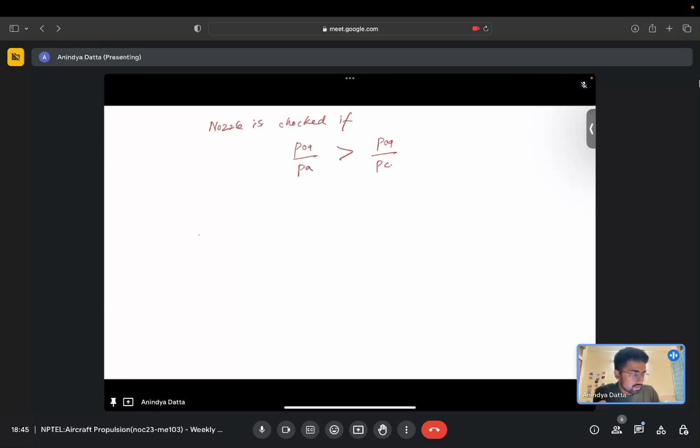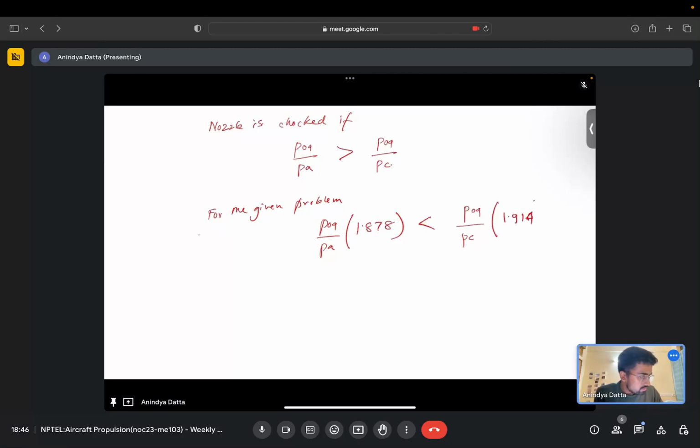So for the given problem, P04 by PA, that value is 1.878, which is less than P04 by PC, which we get as 1.914.